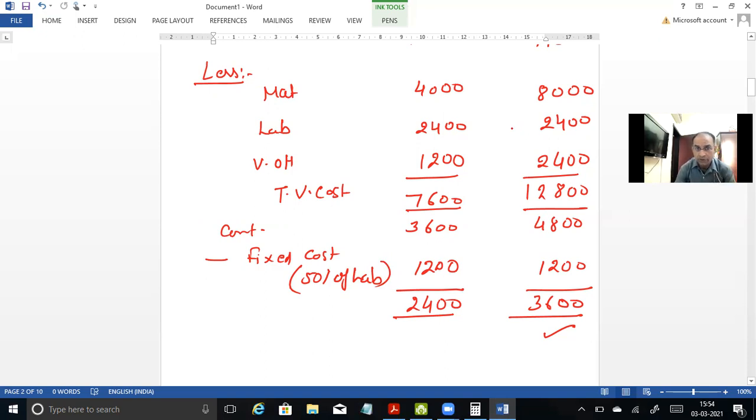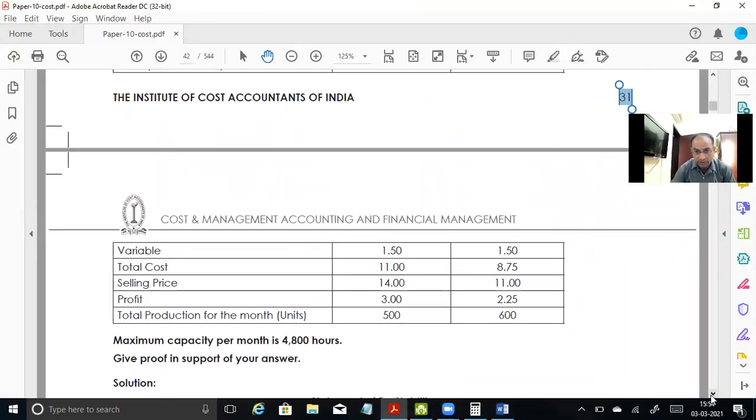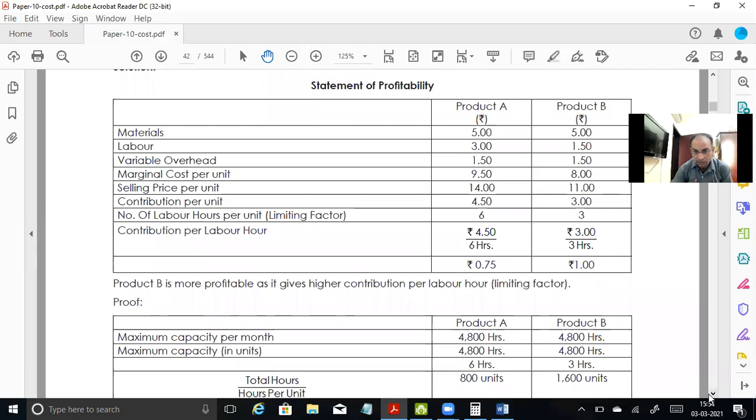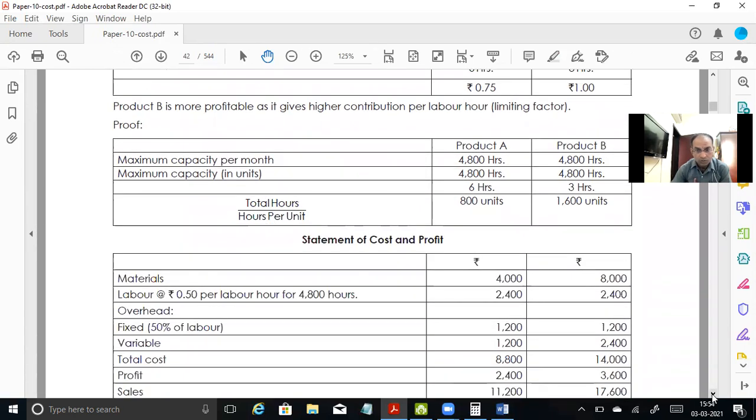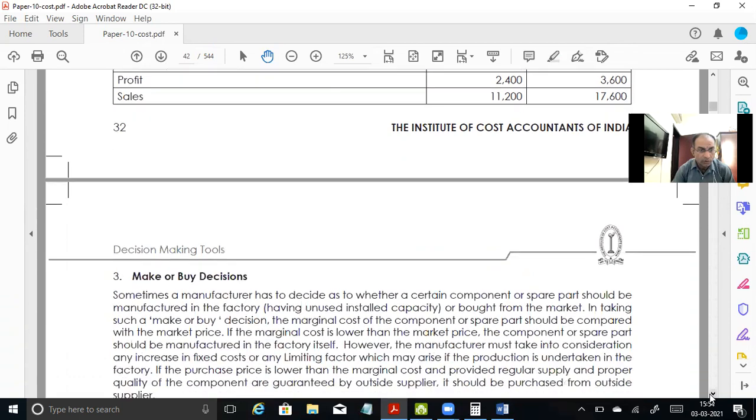But if we produce only A, not B, then our profit is just 2,400. So it is proved that producing B would be more profitable. So this question is over now. Let us see what is next in our material. So here is the solution given. You can check here also the profit is 2,400 and 3,600.